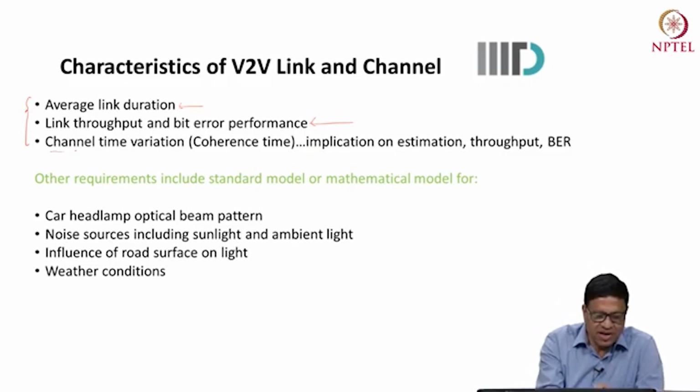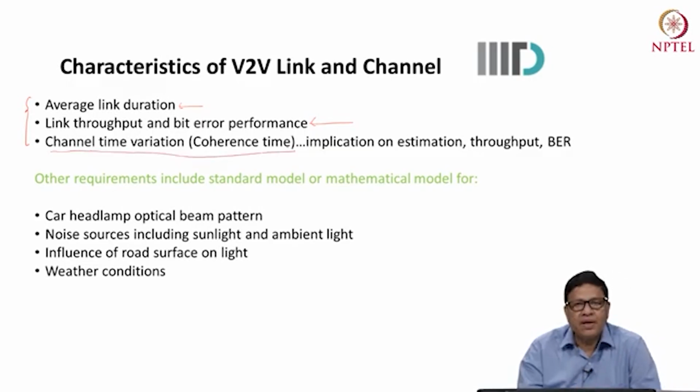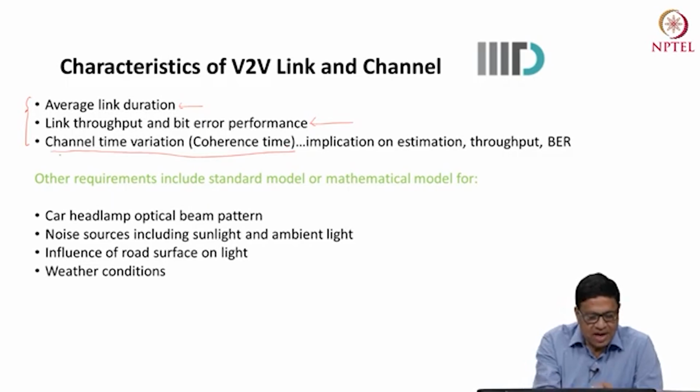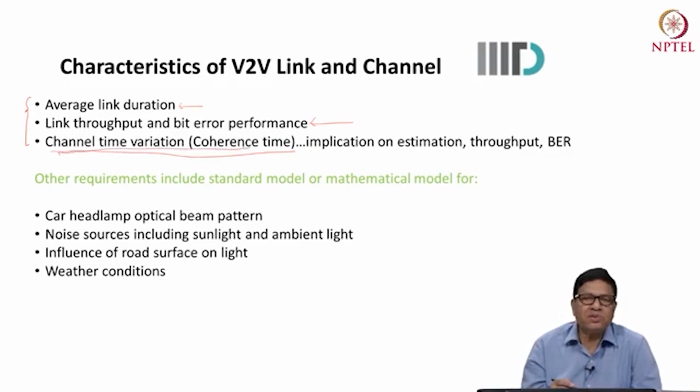The third is channel time variation or coherence time. When you are considering vehicle light as the communication medium between two vehicles, your channel is almost constant for how much time, which is actually called the coherence time. This has implications on estimation because you have to estimate the channel and accordingly retune your equalizers. This takes time.